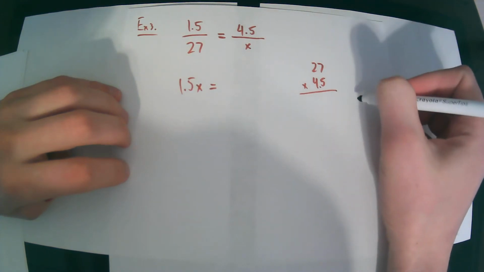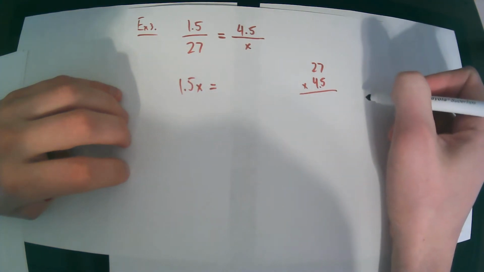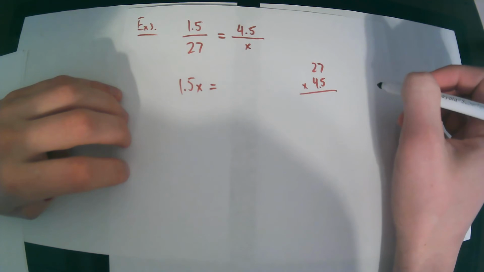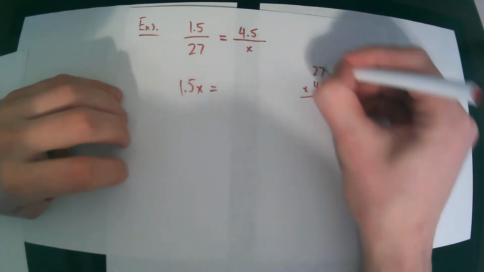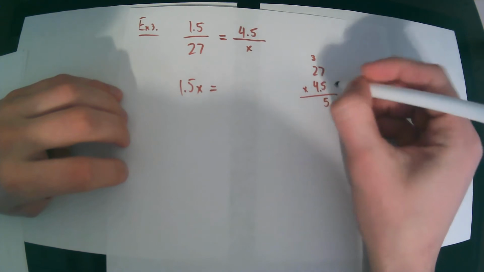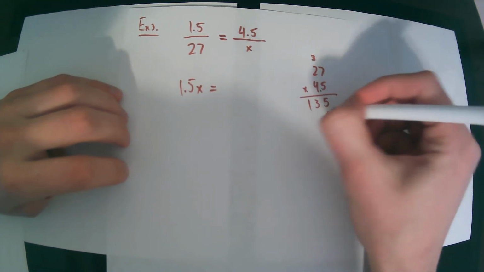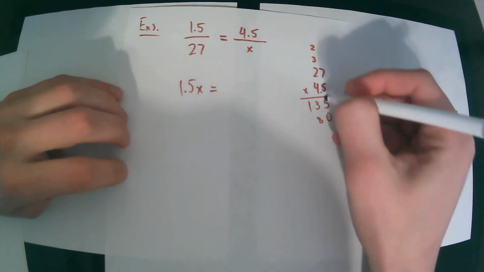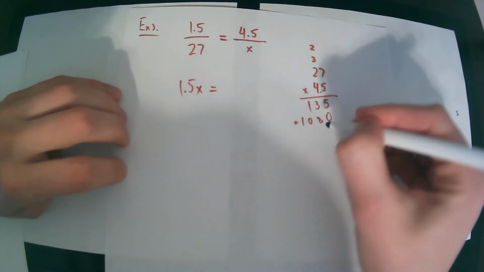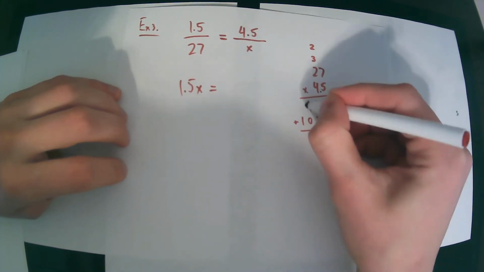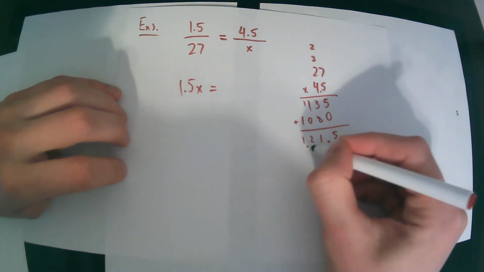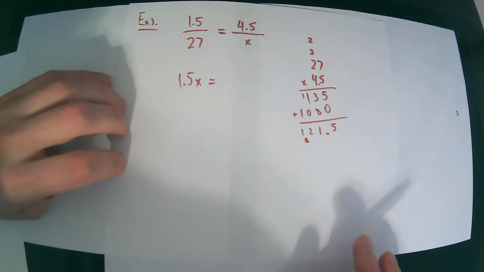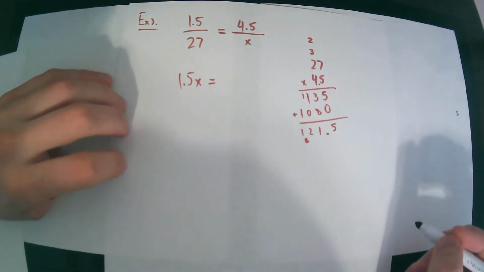That's 5 times 9, so it's the same as 15 times 81 times 10 to the negative first, which is not much easier than just doing this, so I'll just do this. 5 times 27, and that's 10, and then the decimal, so that shouldn't be there. 121.5.